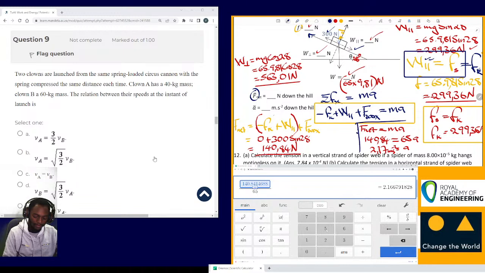So that is how we have calculated our acceleration and the net force down the hill.